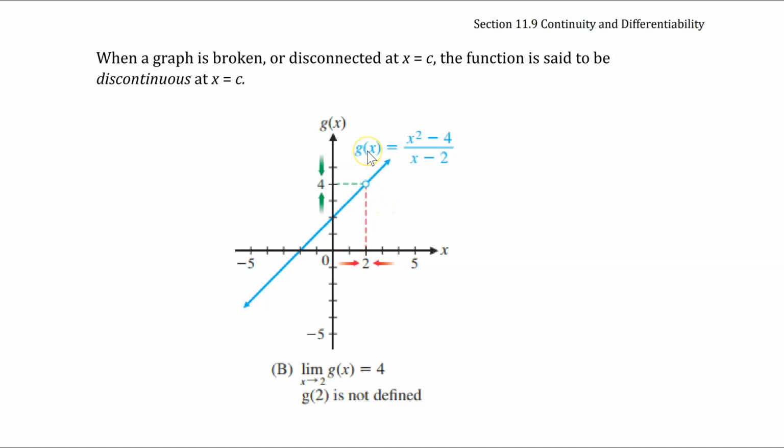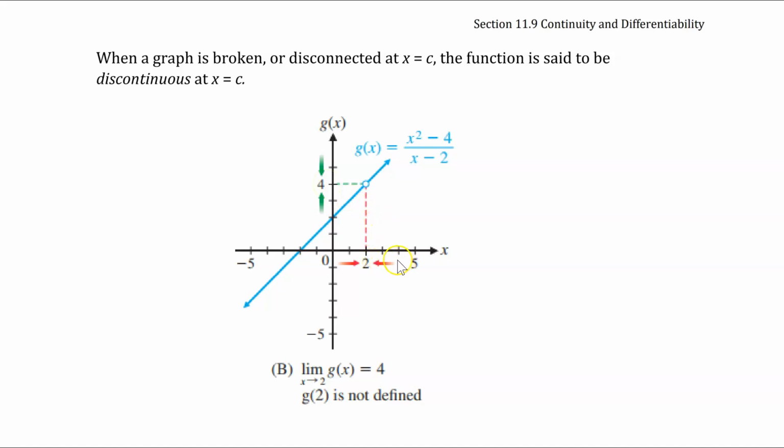Now if you also examine, if you plug in 2, the function is not defined at x equals 2. But if you look at the limit of the function as x approaches 2, if you trace the graph as x approaches 2 from the left, the graph will approach this point here, which is y equals 4.